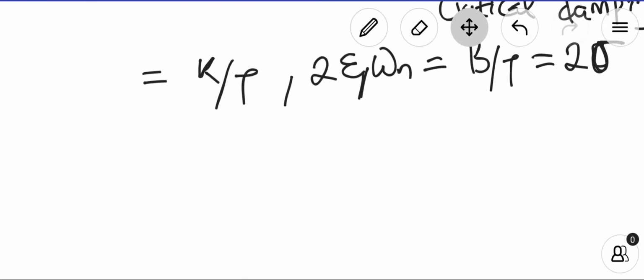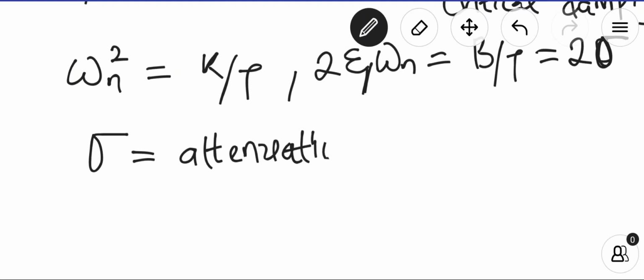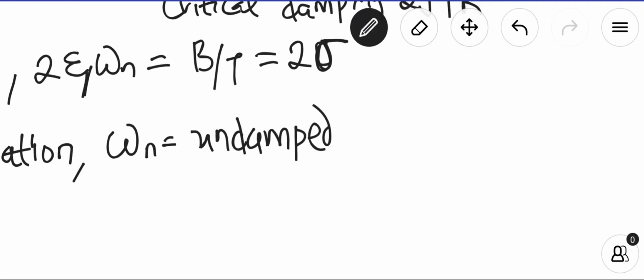Now sigma is known as attenuation, and wn is known as undamped natural frequency.